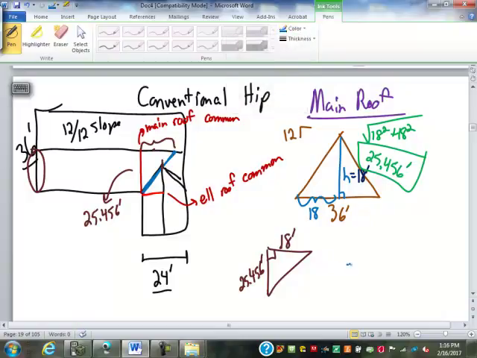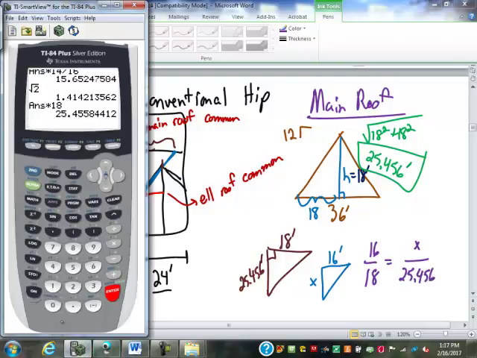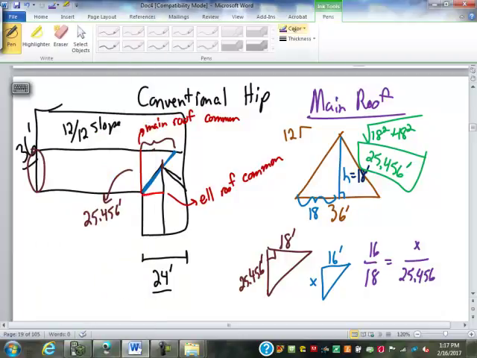Which means the next triangle is going to be 16 feet, again assuming 2 feet on center. 16 over 18 gives us x over 25.456. So we're going to take my 25.456 times 16 divided by 18. I get 22.627.